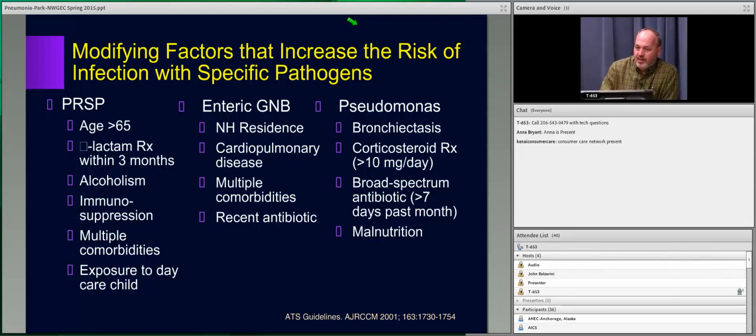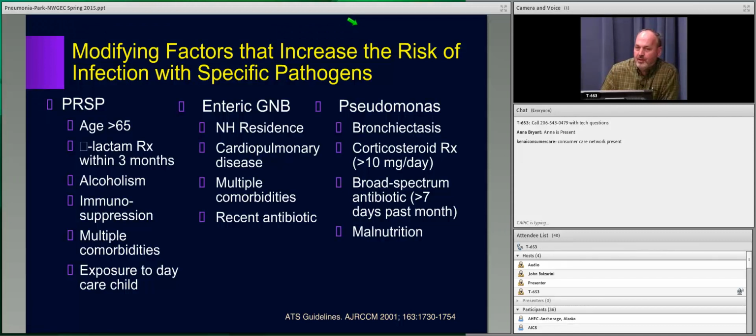These are the risk factors that I'm talking about for infection with specific drug-resistant pathogens, okay? And this is going to overlap to some extent with your healthcare-associated pneumonia risk factors. So, advanced age, recent antibiotics, alcoholism, immunosuppression, multiple comorbidities, and exposure to a daycare child.